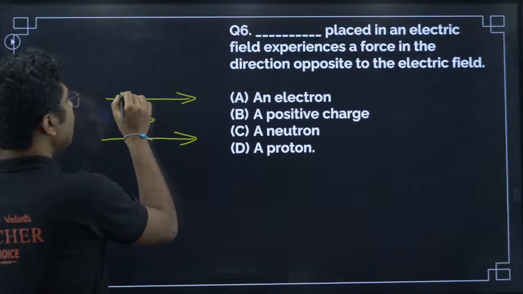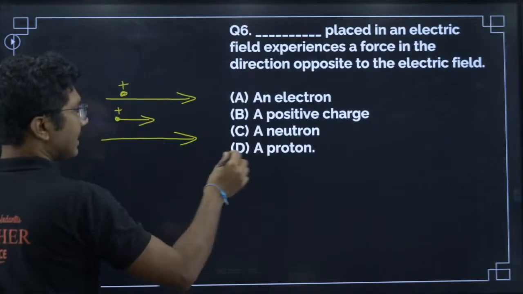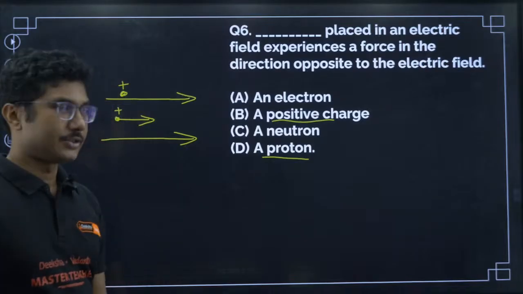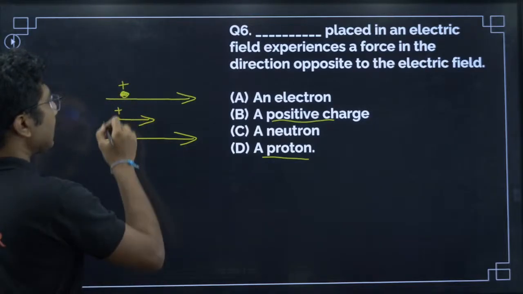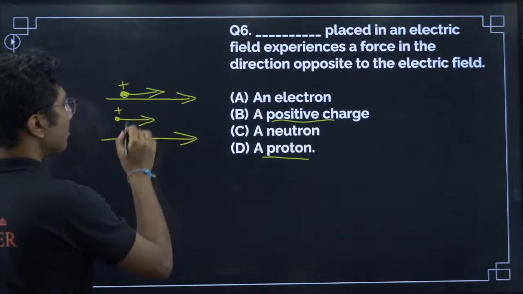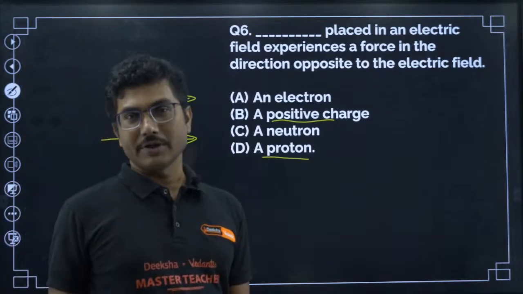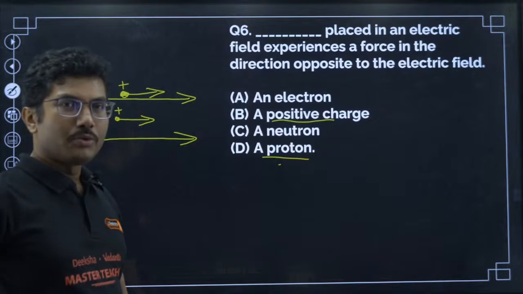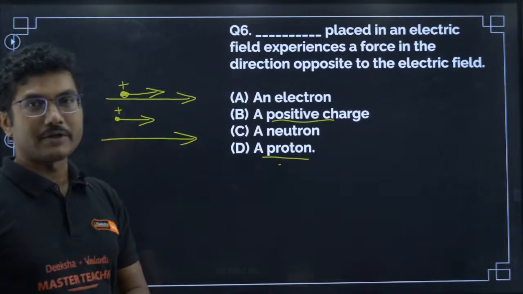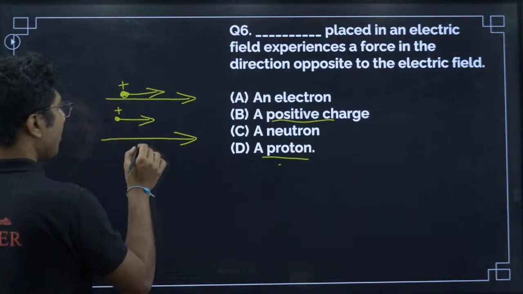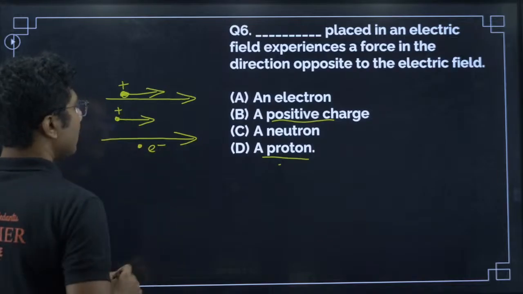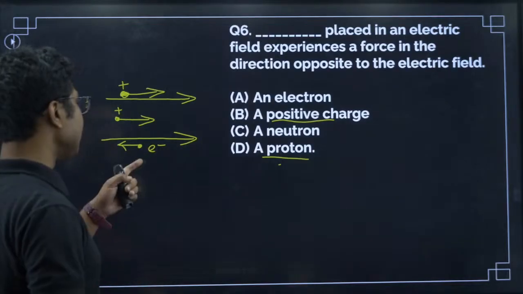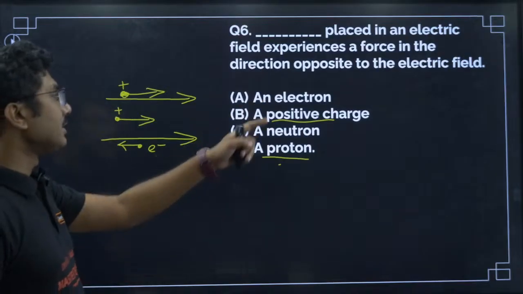So if you leave a positive charge or a proton, both are positive charges, both will move in the direction of the electric field, not in the opposite direction. But if you leave an electron, then it will move in the opposite direction of the electric field, because electron is a negative charge.